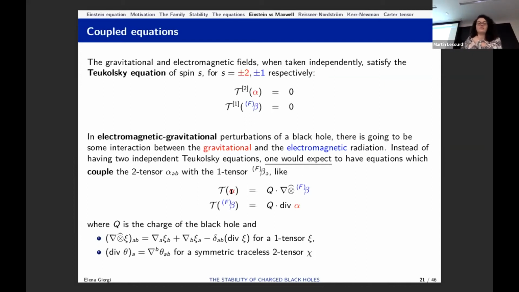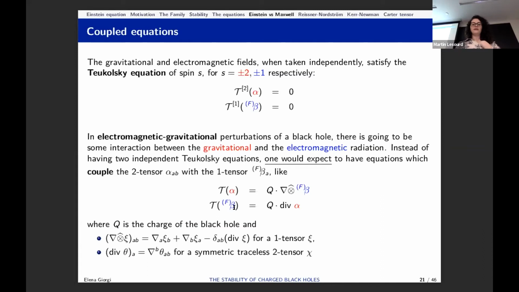So to have an equation for a 2 tensor, on the right hand side we should have a 2 tensor, and the way of taking a 1 tensor and making it a 2 tensor on the spheres is by taking this kind of operator, the symmetric angular derivative, or there's also d2 star.